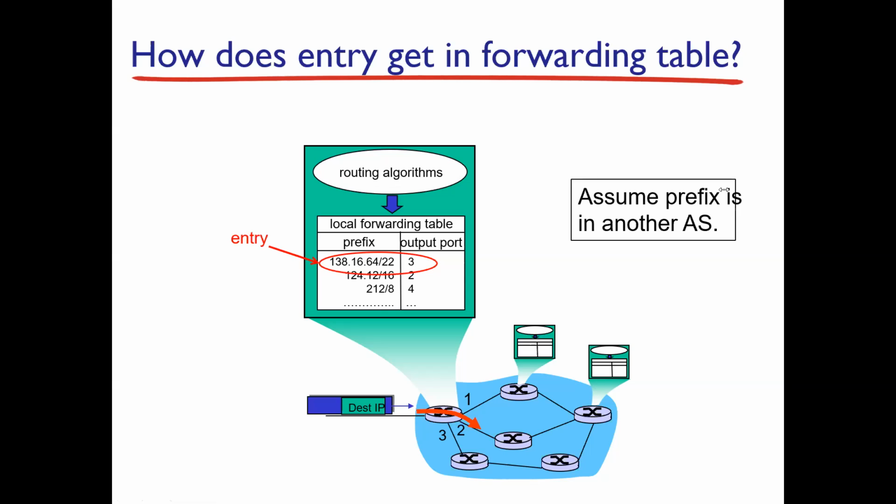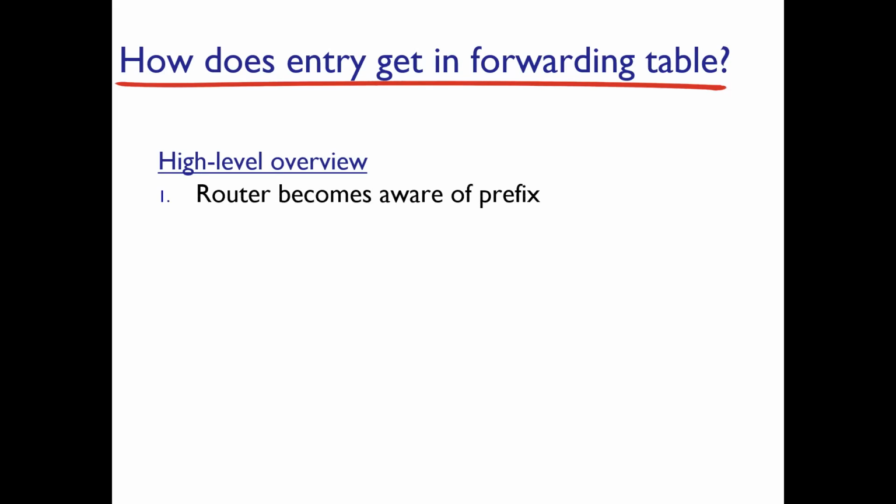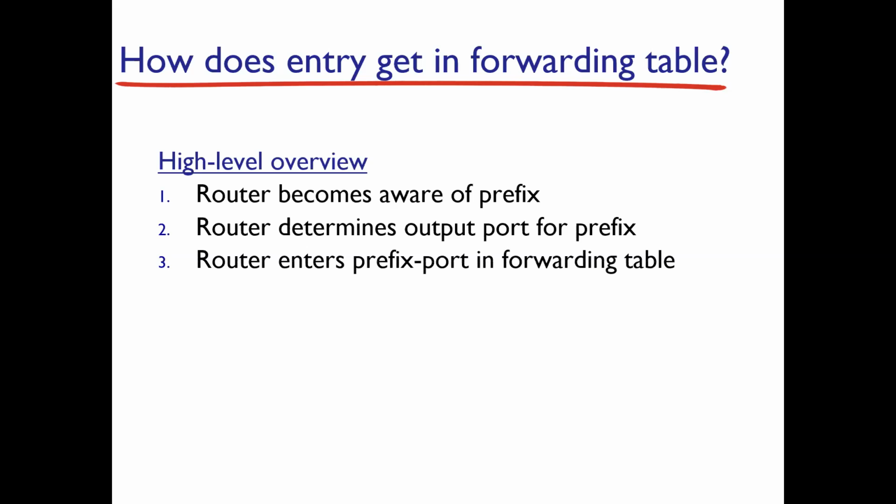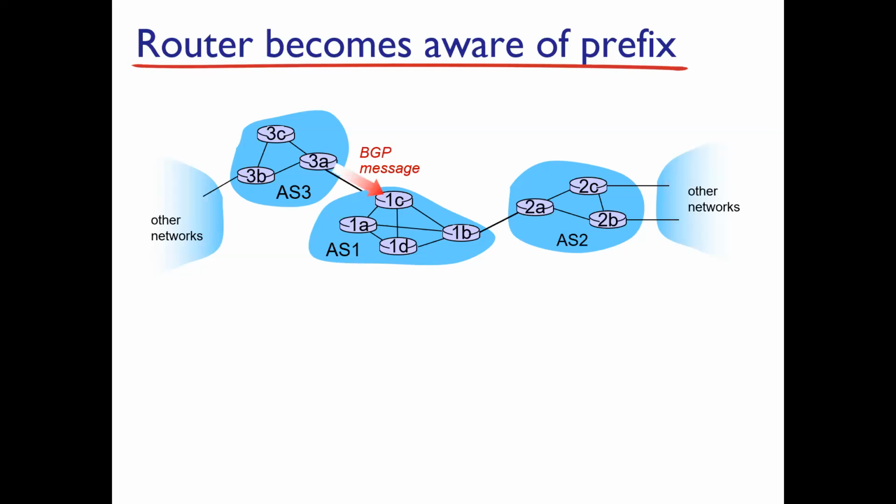And of course, here, if this prefix is not within your autonomous system, it's inside some other autonomous system, then how does it come in? Well, first of all, the router becomes aware of the prefix. It determines the output port for that prefix, and then it puts that entry in. How does it become aware of it? That is done through a BGP message which contains routes.